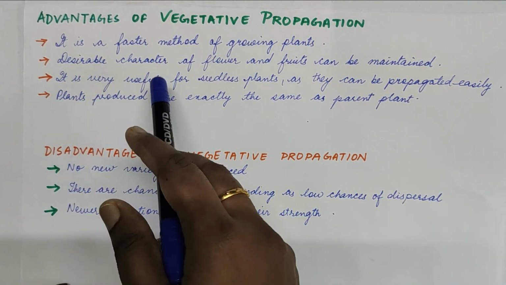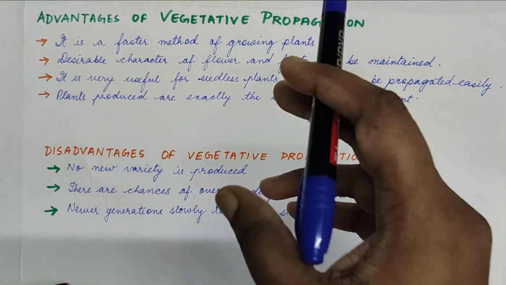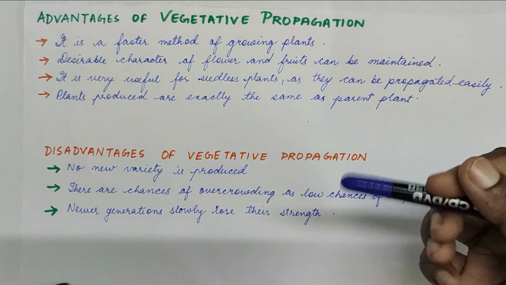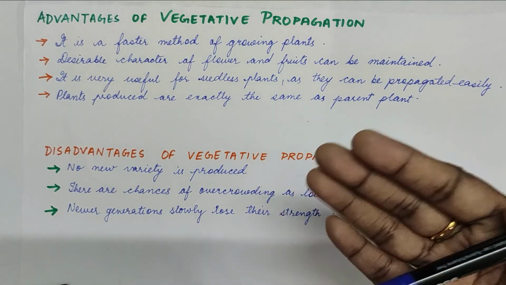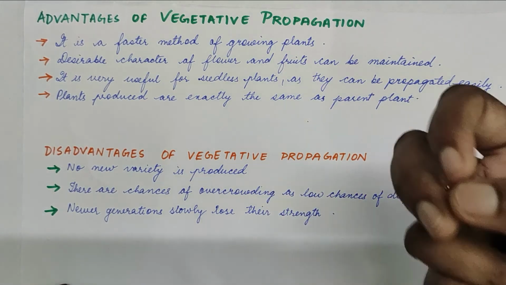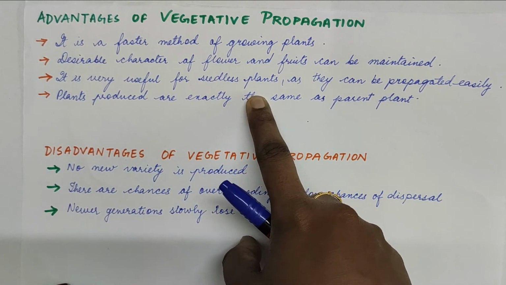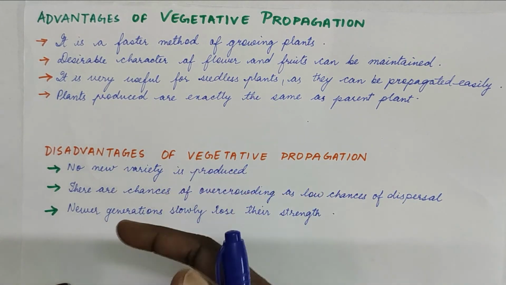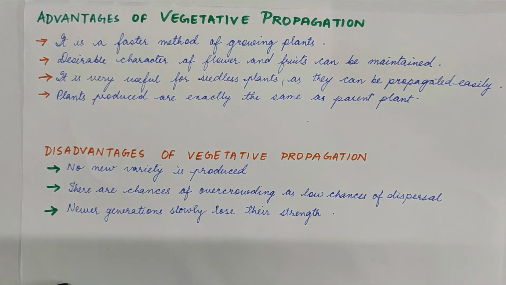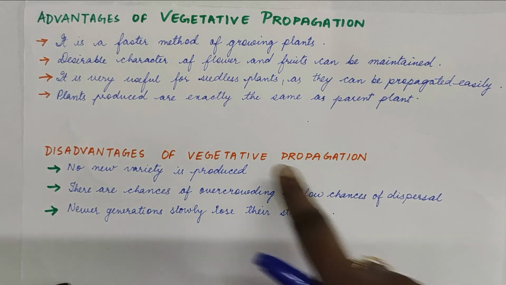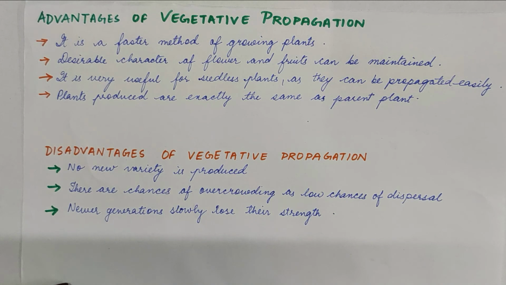Then desirable characters of flowers and fruits can be maintained, like you can breed a new variety of your choice, or keep the same variety which produces the better flowers and fruits. It is also useful for seedless plants like banana and sugarcane, which we can propagate easily. Also, the plant produced is exactly the same as the parent plant.